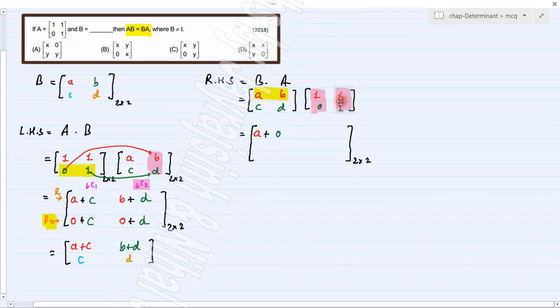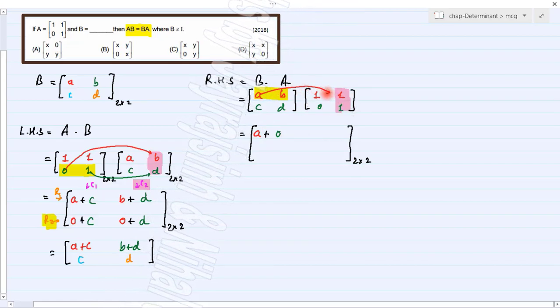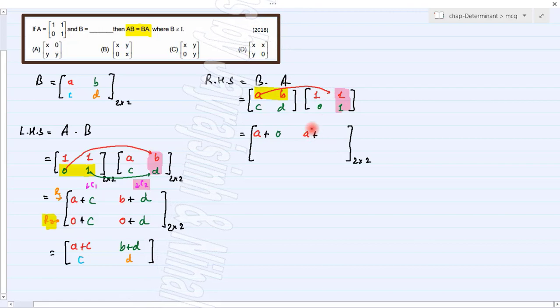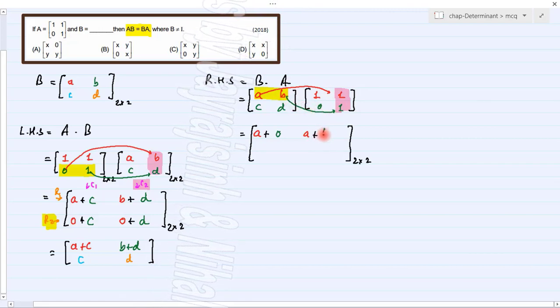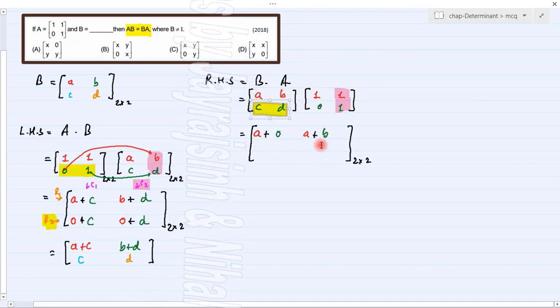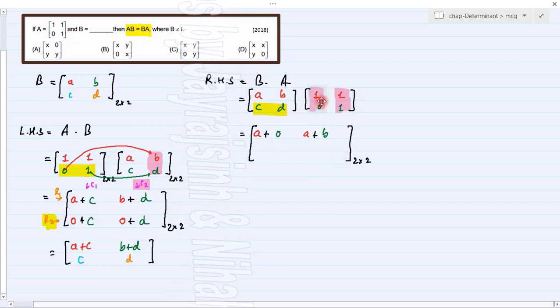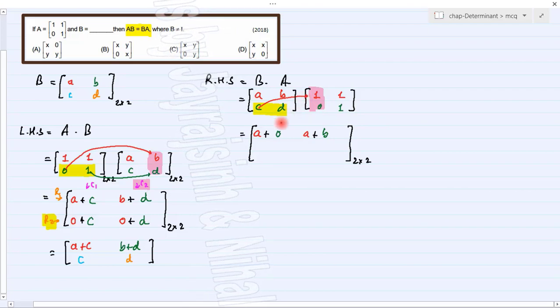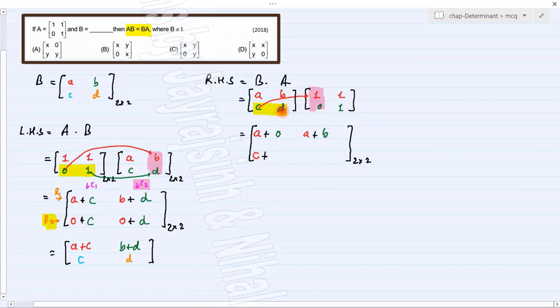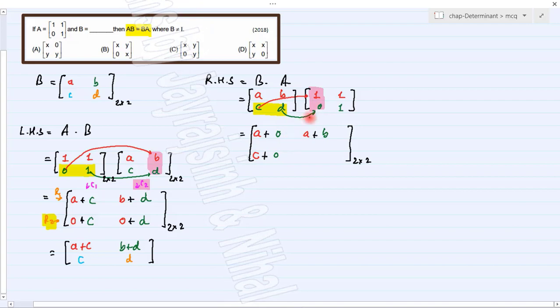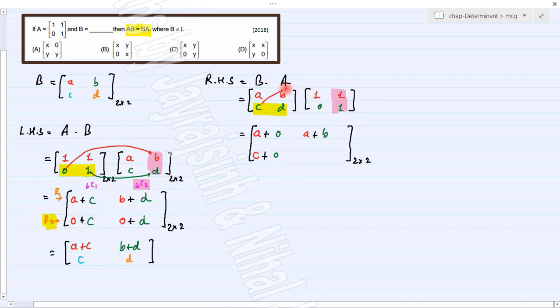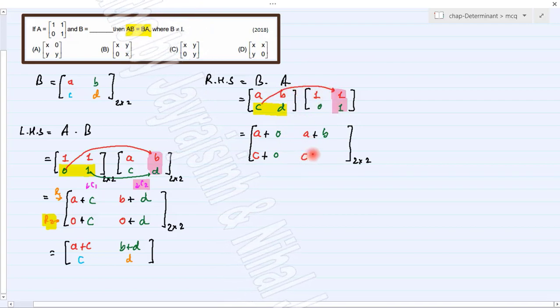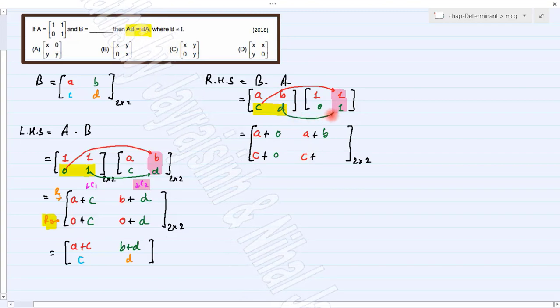Then the second element can be obtained by a ones are a, plus b ones are b. Then the element of second row, first column, will be obtained by c ones are c, plus d zeros are 0. And the last element will be c ones are c, plus d ones are d.